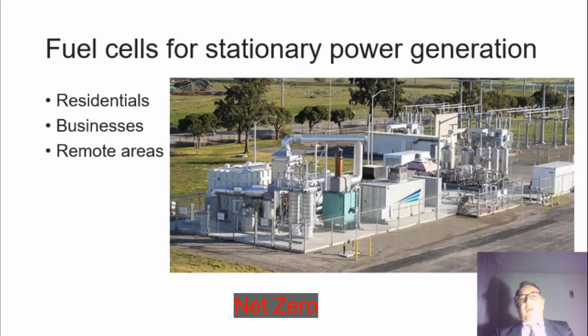Fuel cell for stationary power generation. For power generation, you will see that it is very clean, and the plant looks really like the Bangalore houses. It is not like the previous ones with smoke and dirt. It is very magnificent.